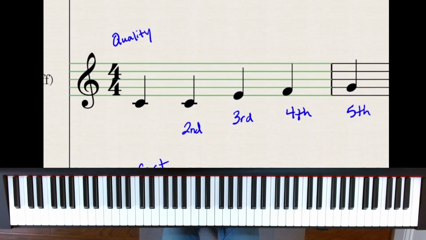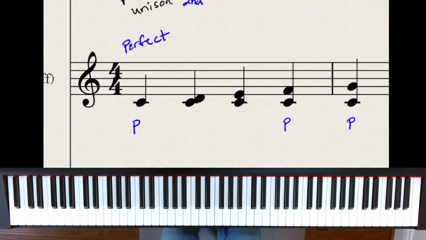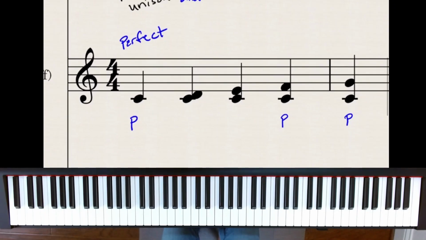So if that's the case, right here, this is called a perfect unison because it's the same note, same pitch. Okay? So I just have it marked as P just for the single note, okay? So we have a perfect, let me write that in, perfect unison.